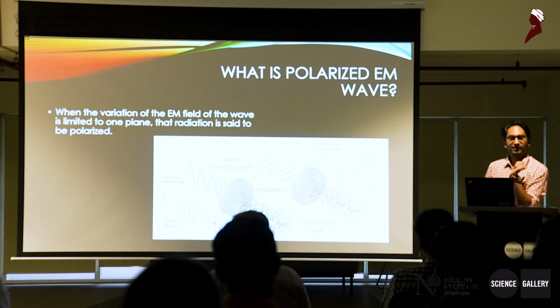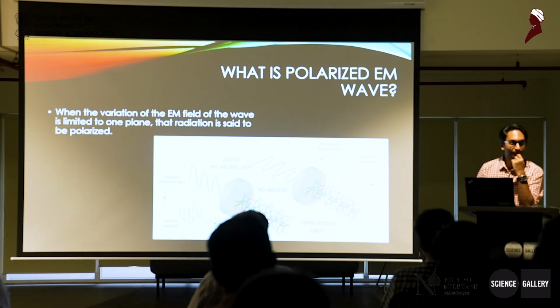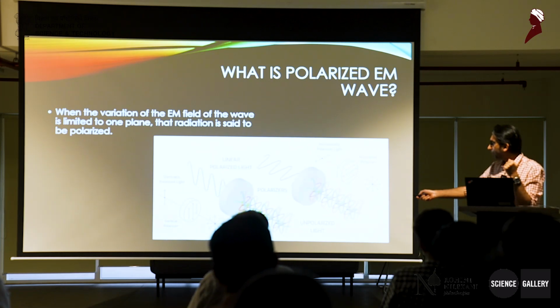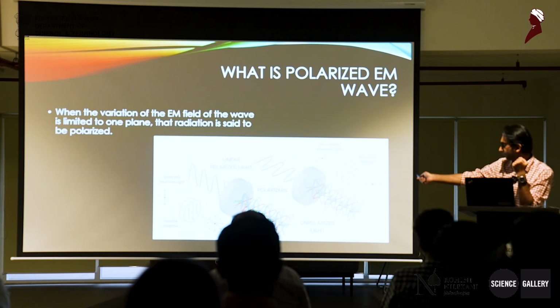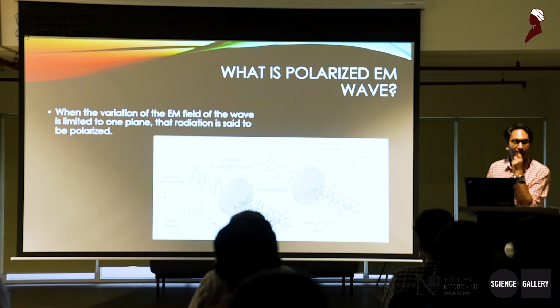Now let us say I have a device which can cut out everything else except one plane. Then that is called a polarizer. In the optical case you would have seen this, and I'll come to an example in a minute, but what it does is it restricts a very specific polarization to come out.